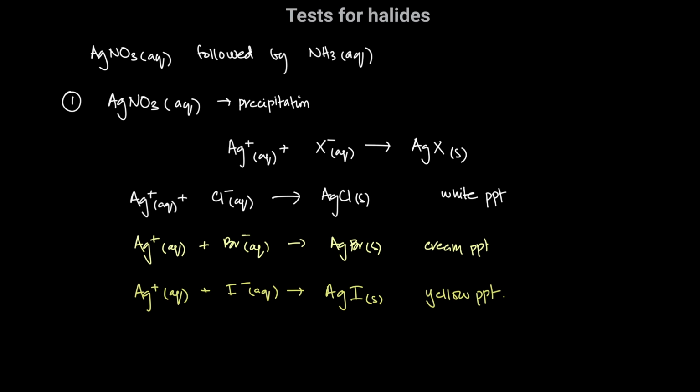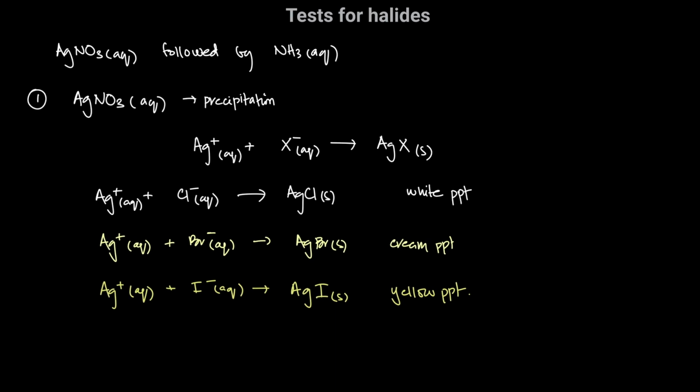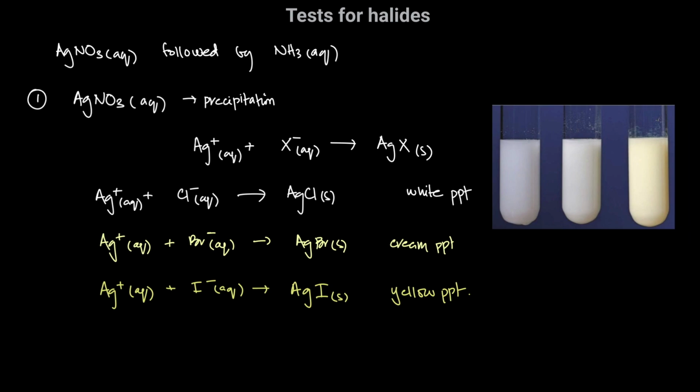Now, if you look at what these precipitates look like, here we have silver chloride, which is a white precipitate, silver bromide, which is a cream or off-white precipitate, and silver iodide, which is a very pale yellow precipitate. But just by looking at these, it's very difficult to identify which precipitate you have.